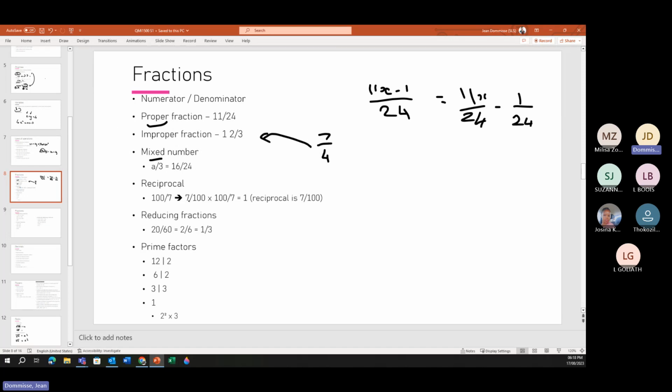The other thing that is important, and what I tell the students, is that when you're simplifying fractions, I normally also look at the answer set. If you had 20 over 60 as one of your answers, go to your answer set and see what answers they provide.